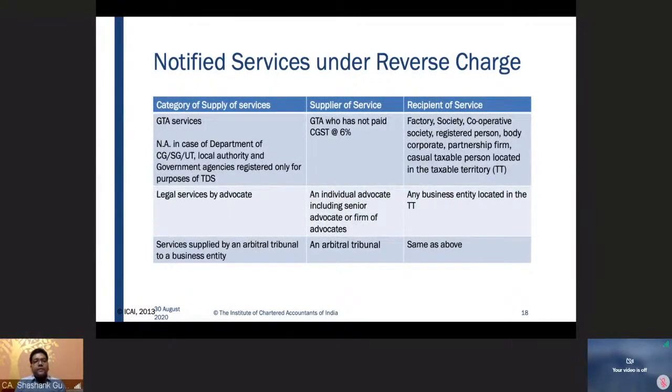However, if the GTA has charged tax at the rate of 12%, then such recipient is not liable to pay the applicable tax under reverse charge.